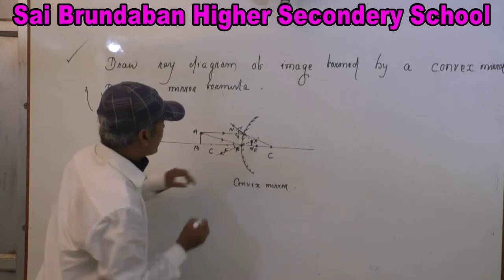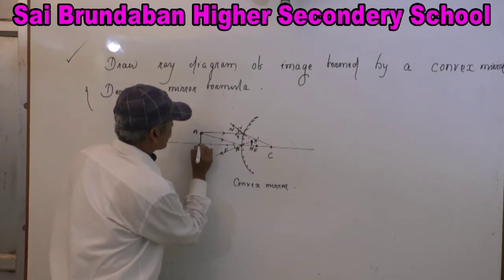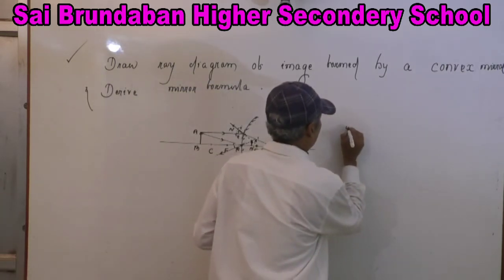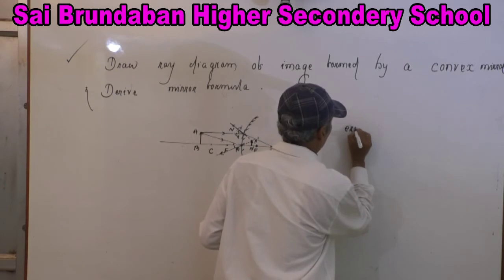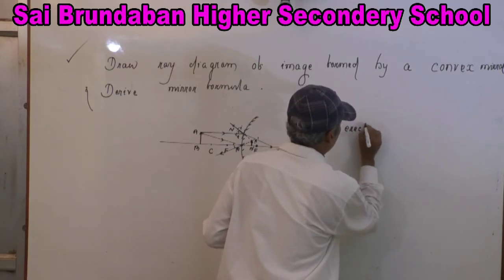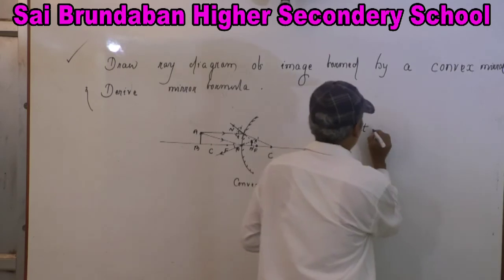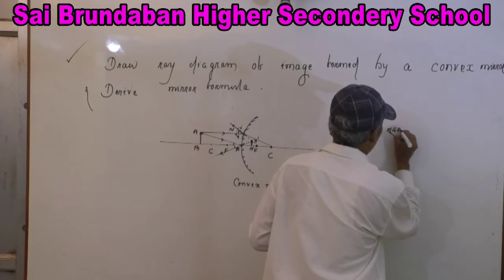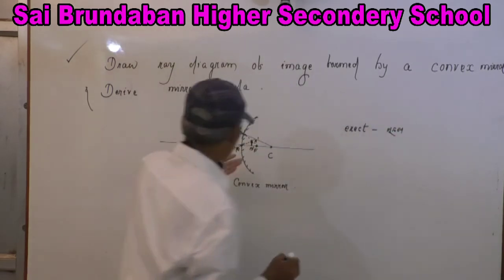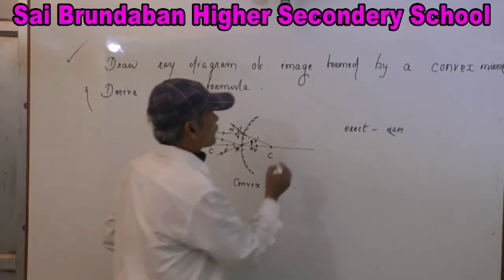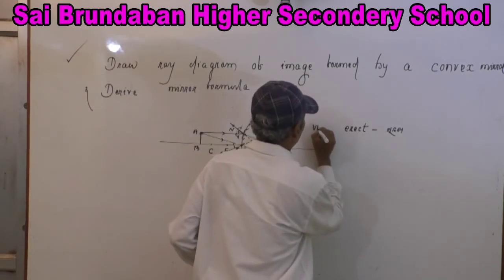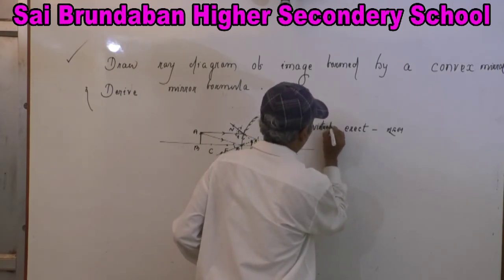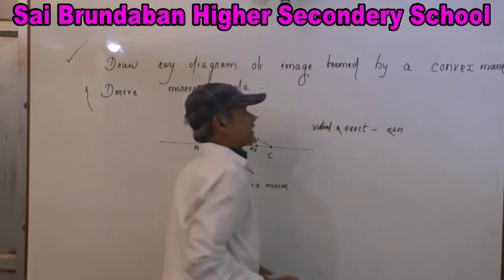Both the object and image are erect. E-R-E-C-T. Erect. Its meaning is सीधा. So the nature of the image is virtual and erect.